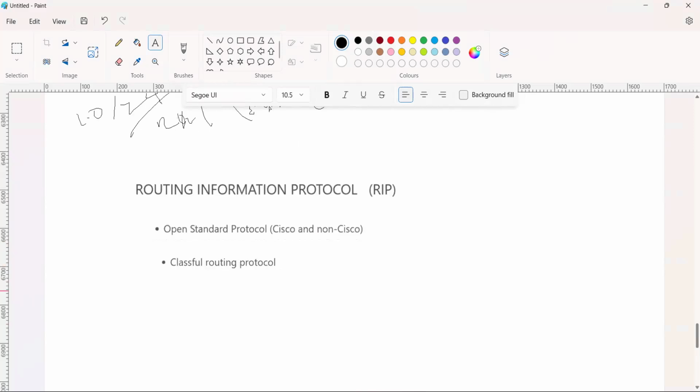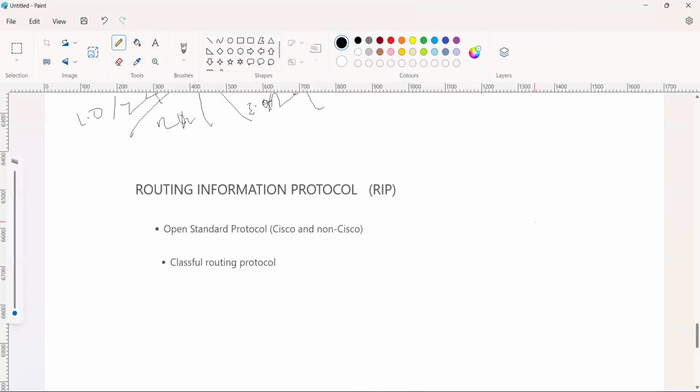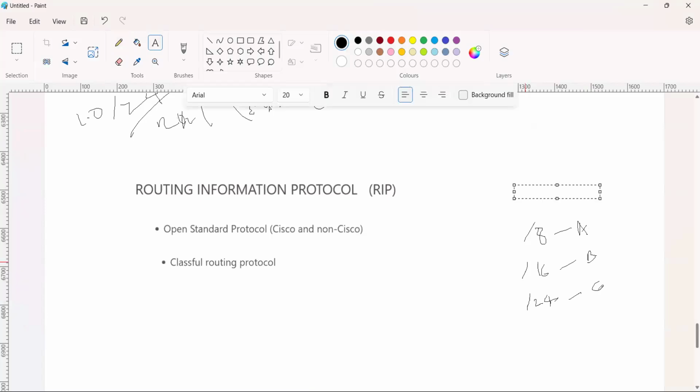Classful routing protocols will carry only the full subnet mask, whichever it is, for class A, class B and class C. What does it mean? Full subnet masks, the slash value.